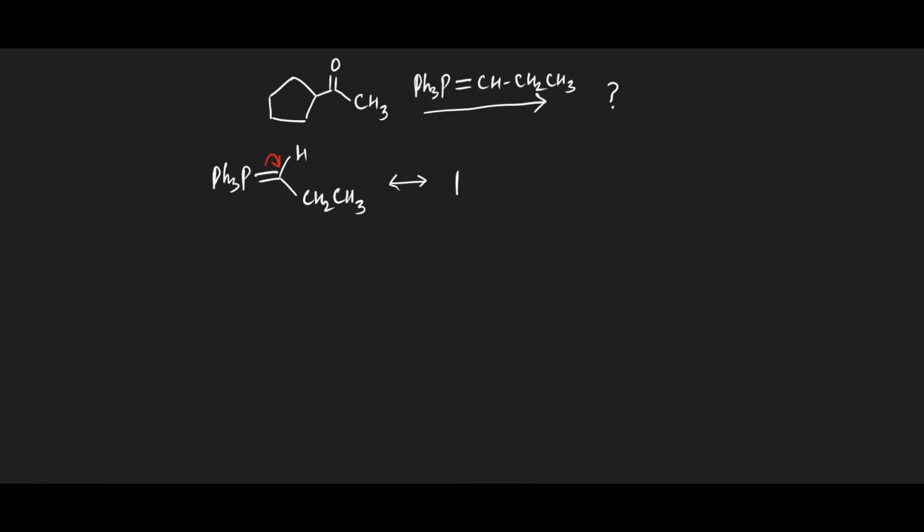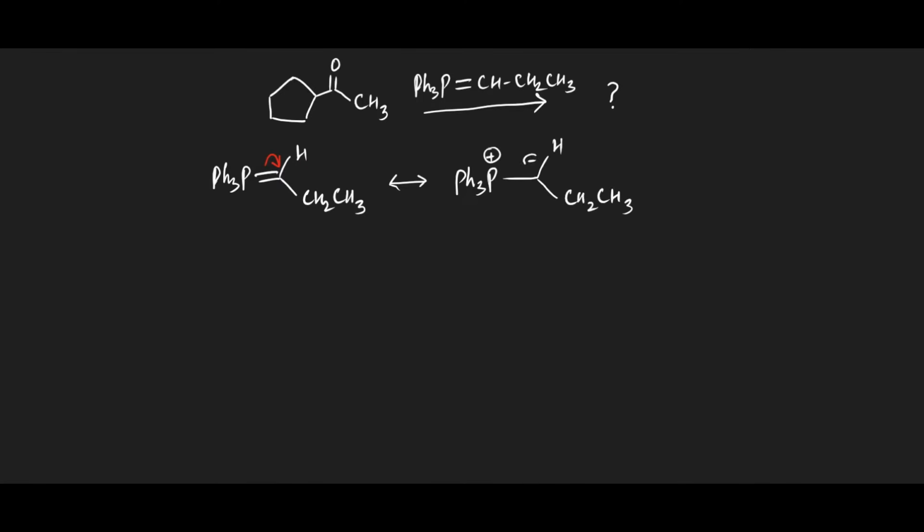Consider this ketone being treated with this Wittig reagent. Let us learn how to write the product of this Wittig reaction. First, we will write the resonance forms of the Wittig reagent and show the major contributor with charge separation.